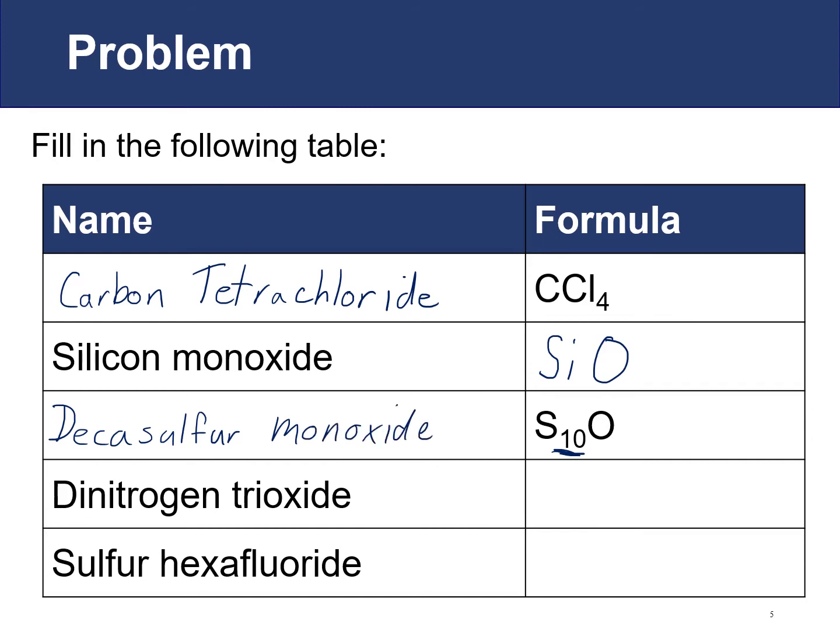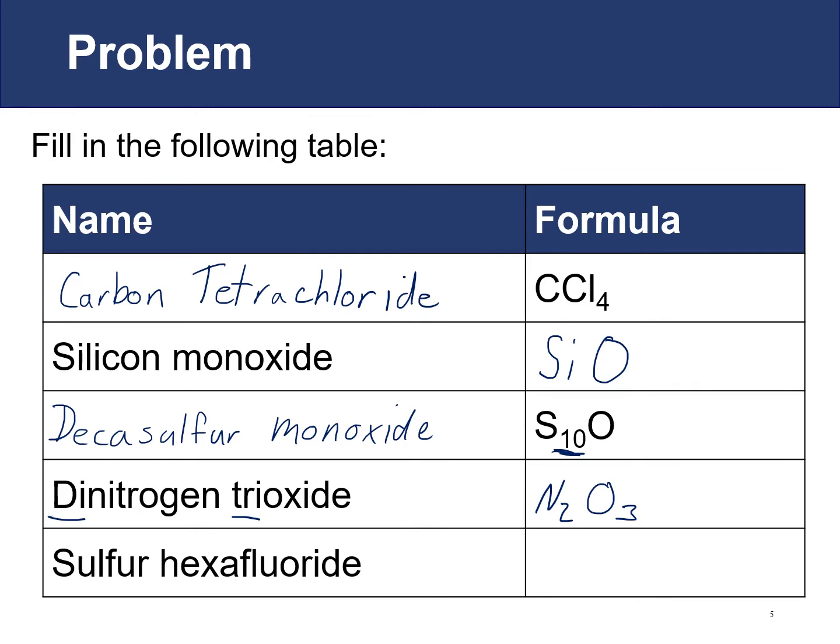Okay, next one, dinitrogen trioxide would be 2 nitrogens because of the di. And then tri tells us we have 3 oxygens. Last one, sulfur hexafluoride. Because there's no prefix in front of the sulfur, which is the first of our elements, right?